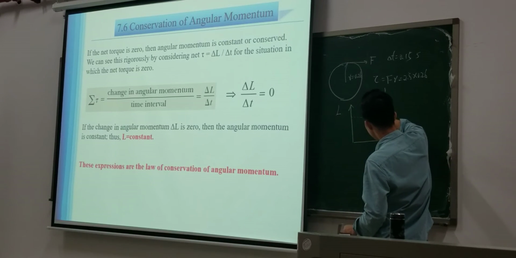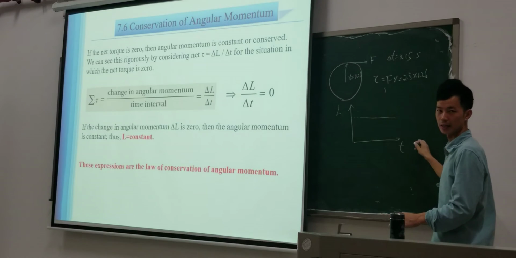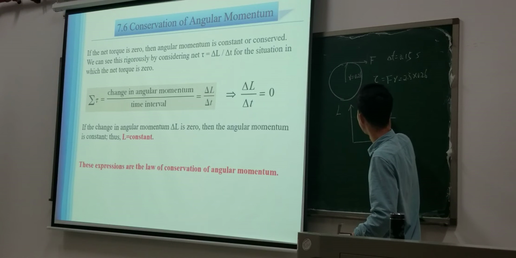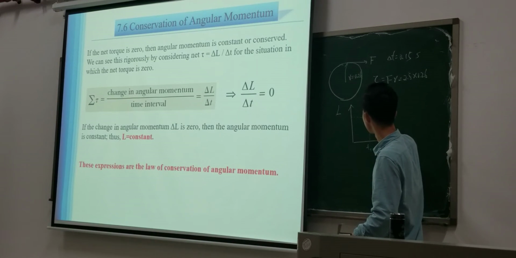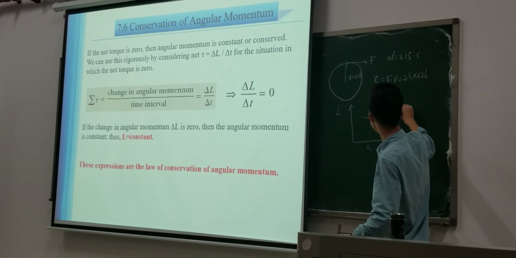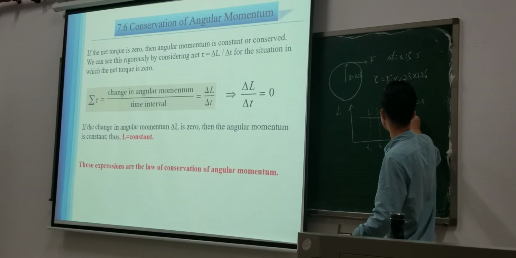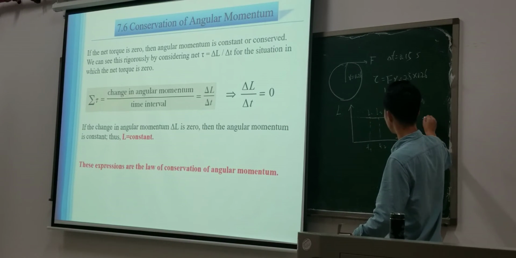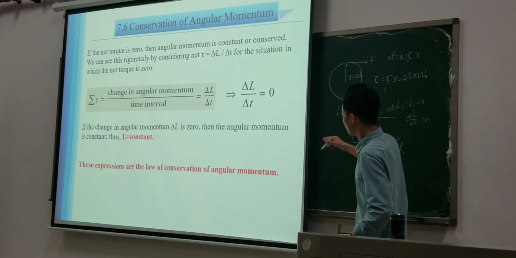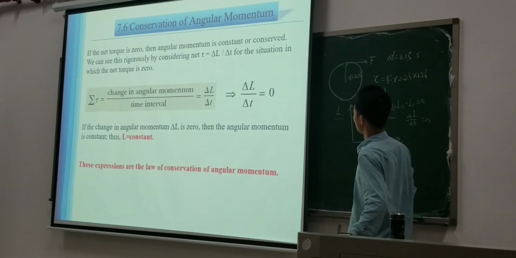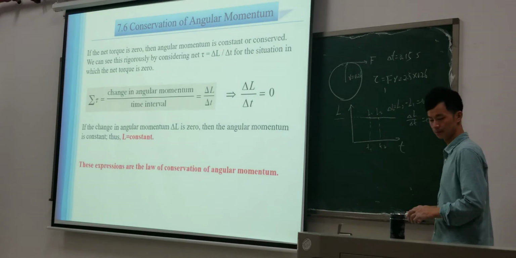It is always this value and does not change with time. If we choose two points, this is time 1, this is time 2, then this is L1, this is L2. L2 minus L1 is 0, so delta L equals L2 minus L1 equals 0, so delta L over delta T is 0. It means L does not change with time.